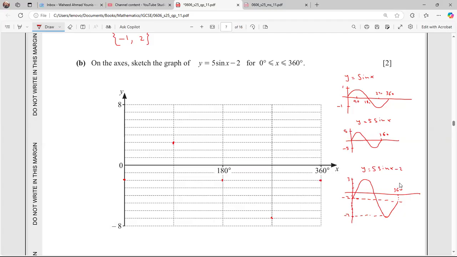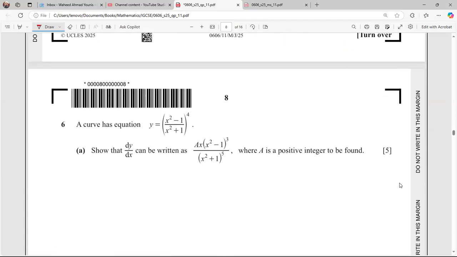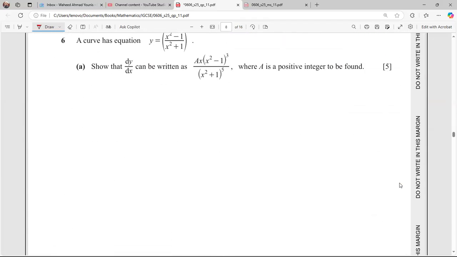Okay, so you can imagine it's going to be something like this. It touches minus 7. Okay, so something like this. I hope it's clear. Let's move on to the next question.